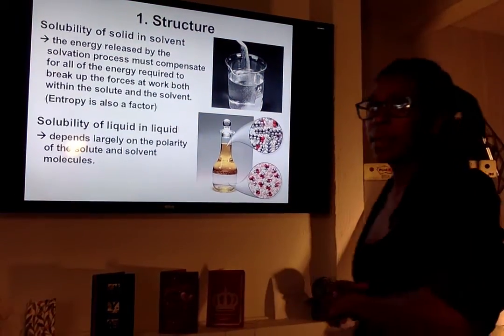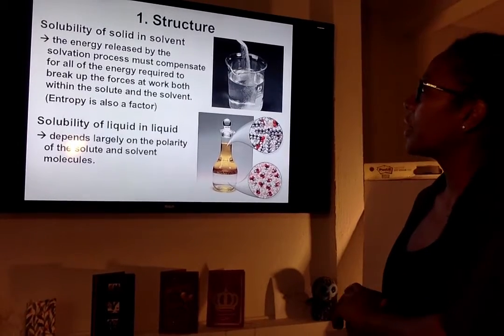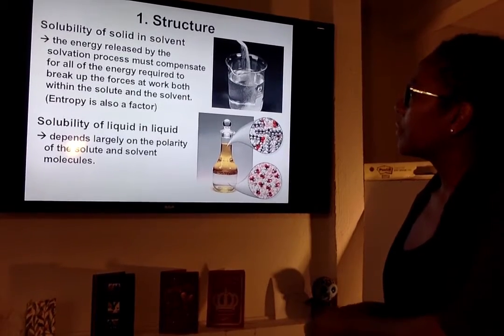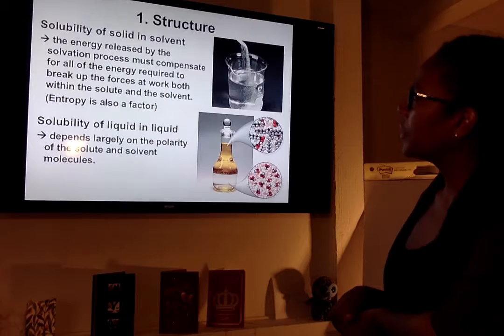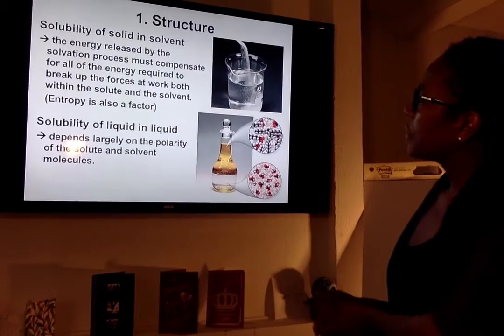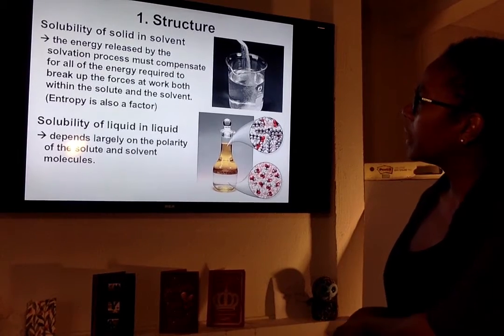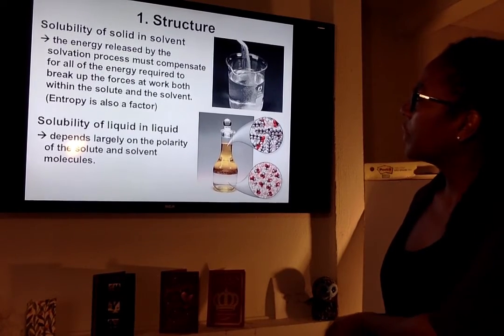Okay, so one, structure. For the solubility of a solid, the energy released by the solvation process must compensate for all the energy required to break up the forces at work, both within the solute and solvent.